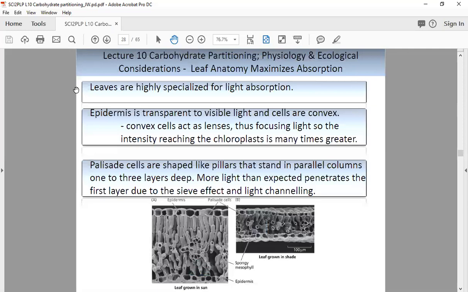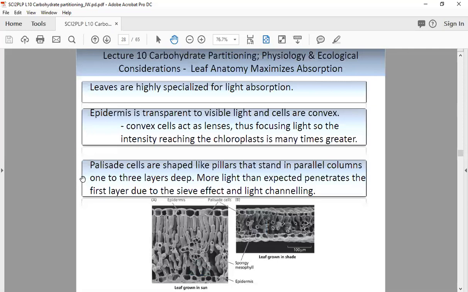These epidermal cells are often convex, and convex cells act as lenses, therefore they can focus the incoming light. So this means that the intensity of light that reaches the chloroplasts in the underlying mesophyll cells is actually many times greater than the incident light itself.